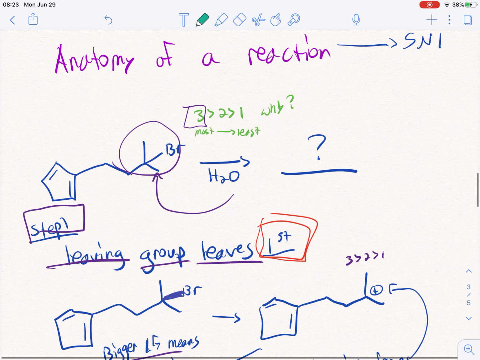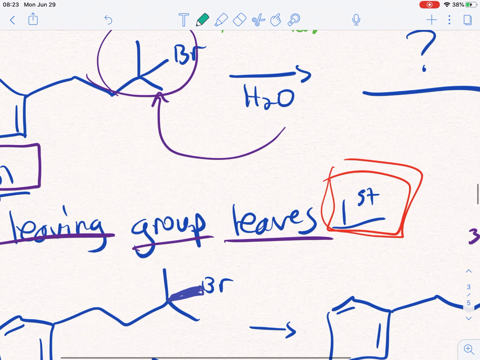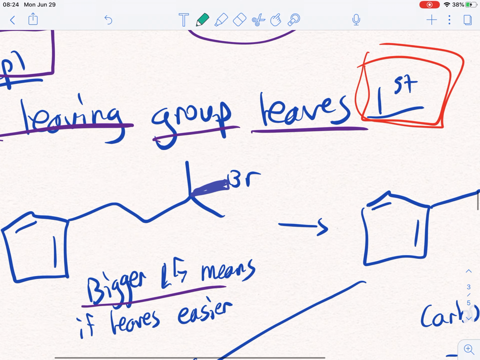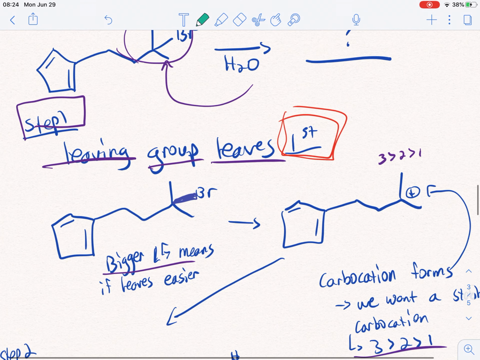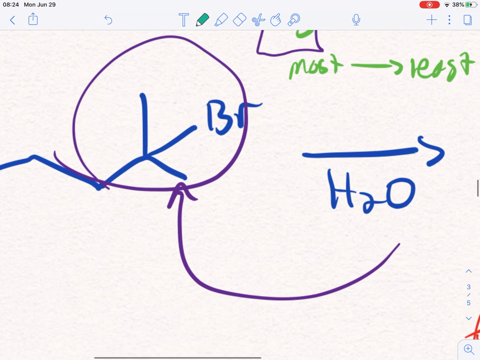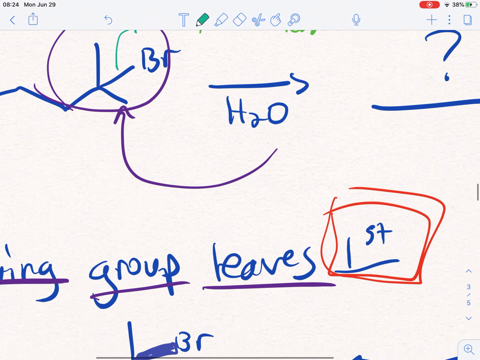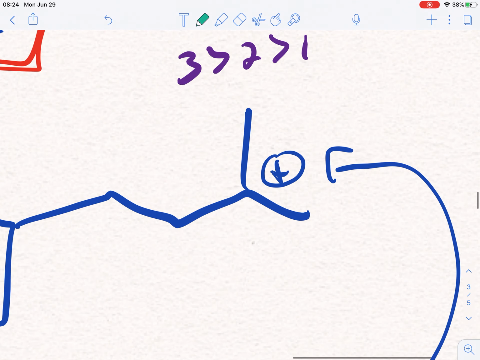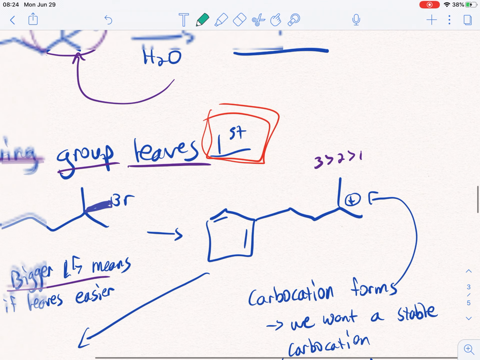Let me just go back through it. So we said that SN1 was different because instead of the nucleophile being an important piece of attack, we want a tertiary to a secondary alkyl halide because it's the alkyl halide or the leaving group that's going to leave first. So we need to make sure that when it leaves, it's going to leave a stable carbocation. Okay?